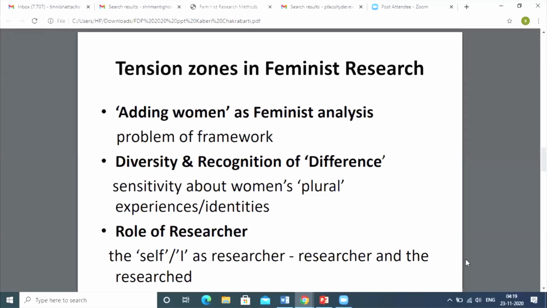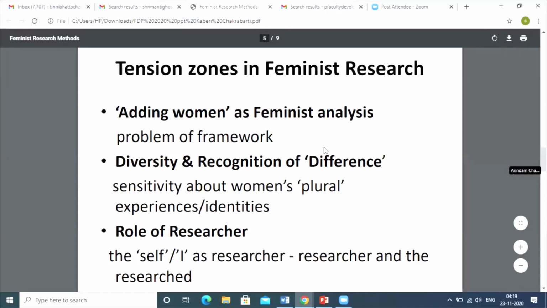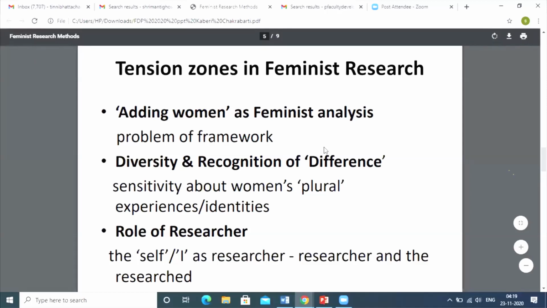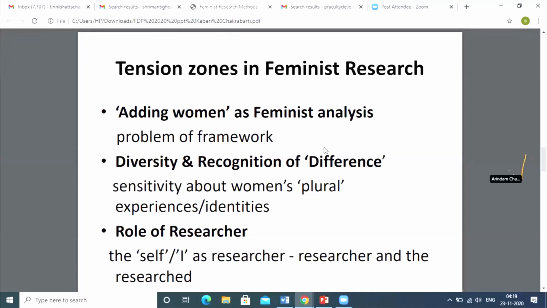for example, conversational methods, for example, autoethnography. If I get time, I may discuss this a little bit also. And secondly, in this role of the researcher, another important point is that feminist research demands challenging the traditional hierarchical relationship between the researcher and the researched.